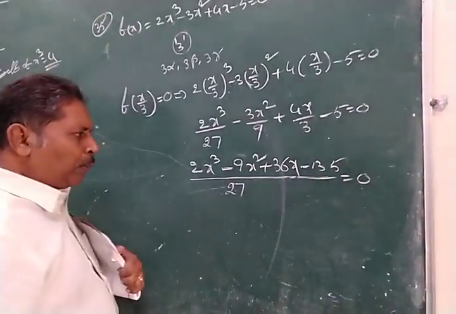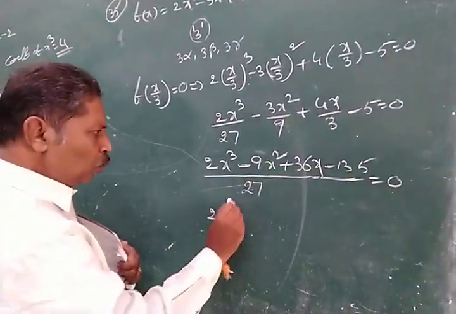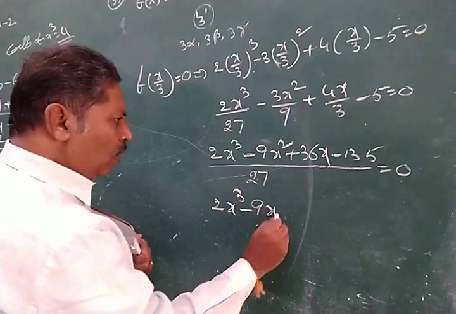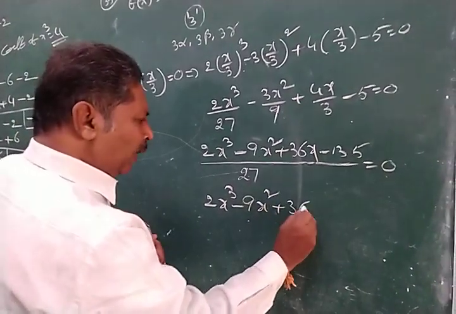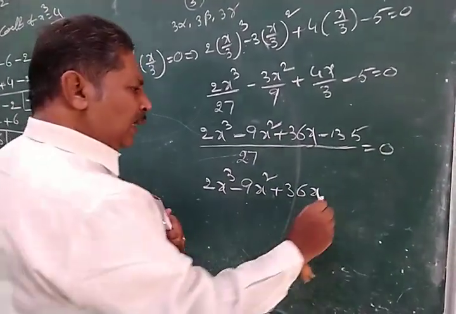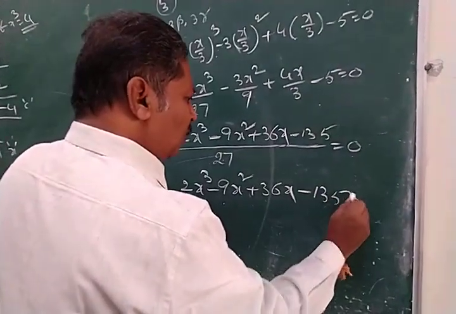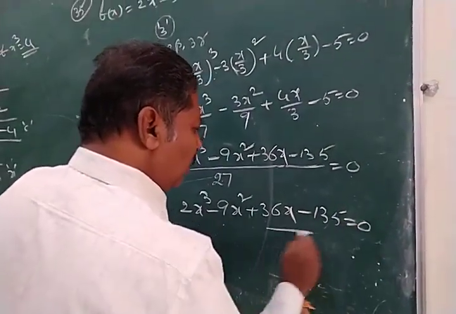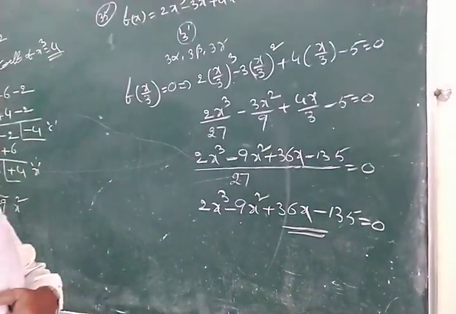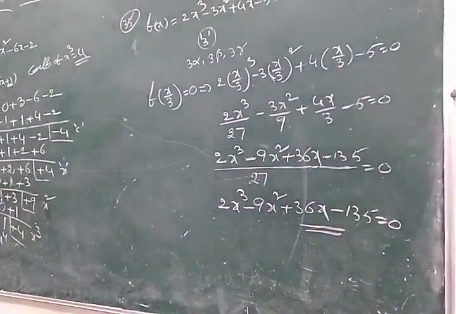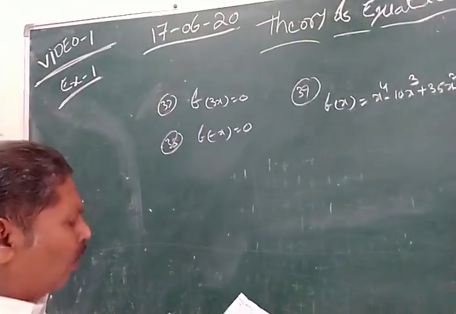By cross multiplication, 2x cube minus 9x square plus 36x minus 135 equal to 0.